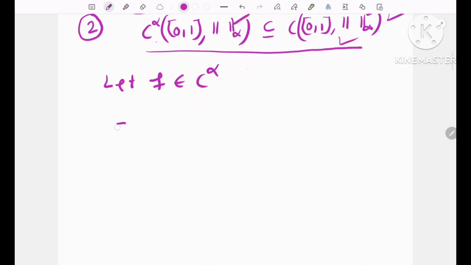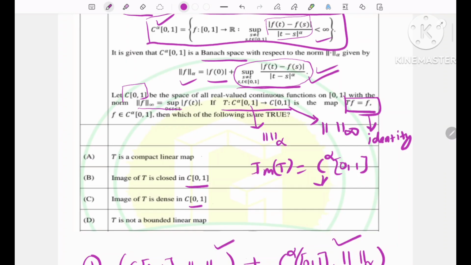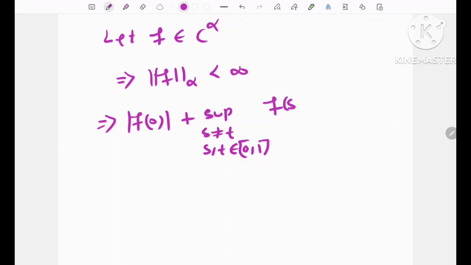Then it implies what? The alpha norm of f is finite, where the alpha norm of f is defined in this way: it is |f(0)| plus the supremum over s not equal to t, with s and t in the closed interval [0,1], of |f(s) minus f(t)| divided by |s minus t| to the power alpha, and this quantity is finite.